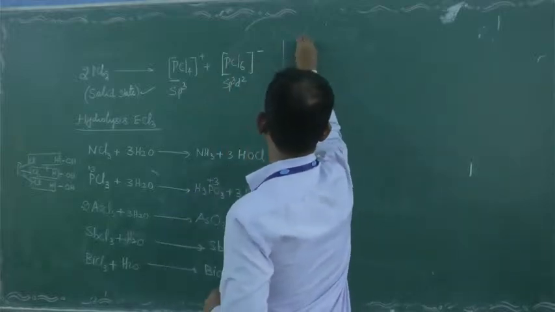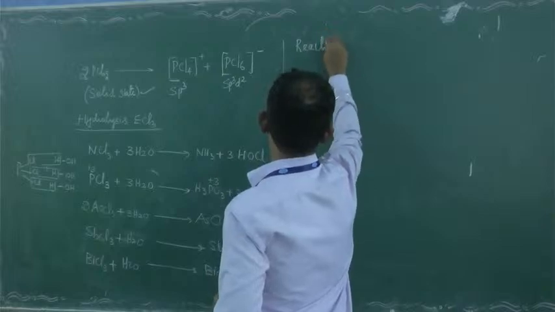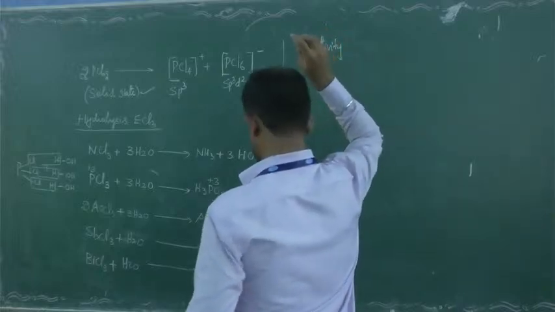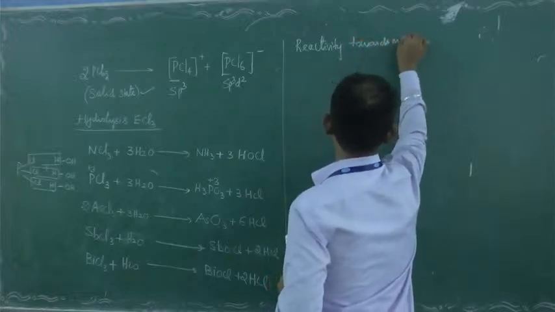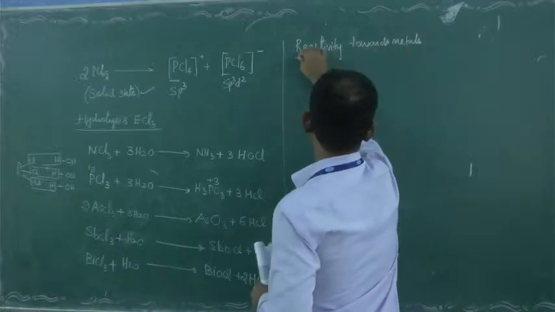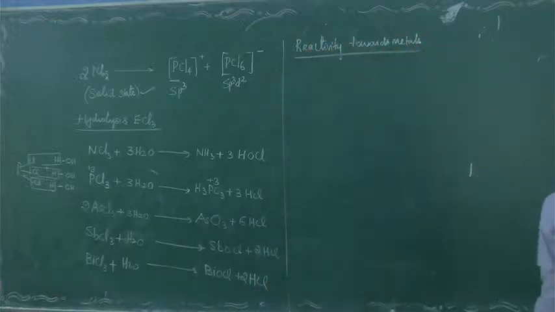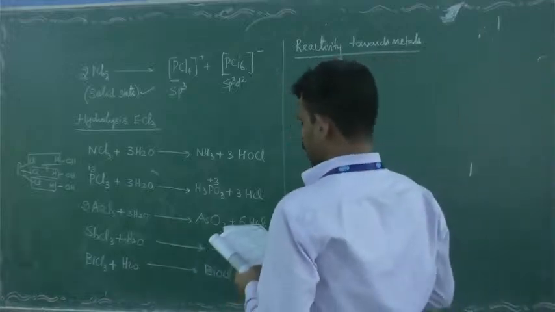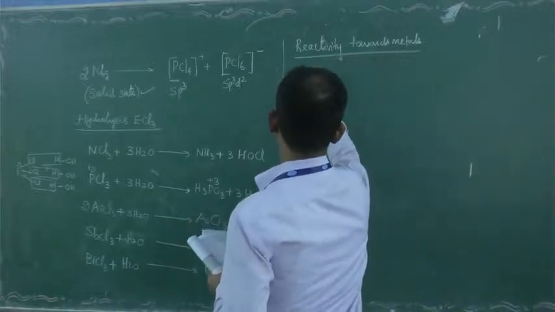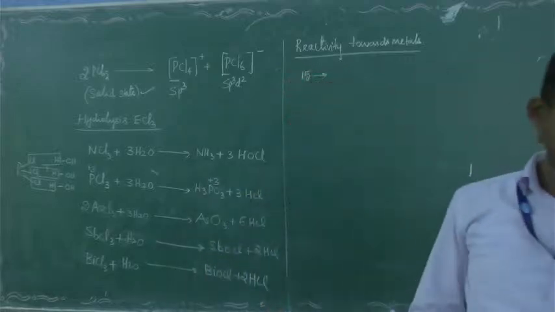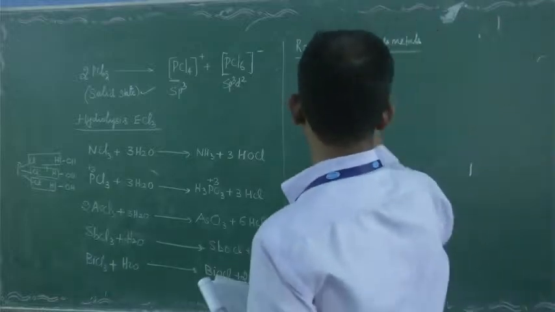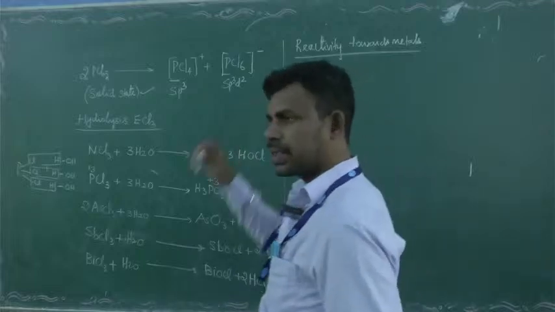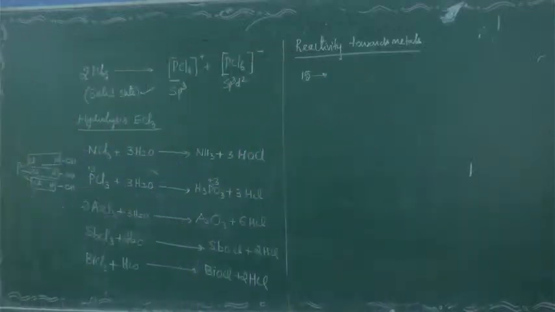Next, reactivity towards metal. Group 15 elements react with metals and form binary compounds having -3 oxidation state.